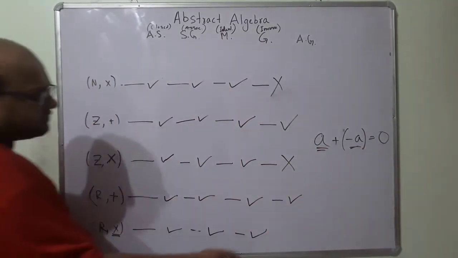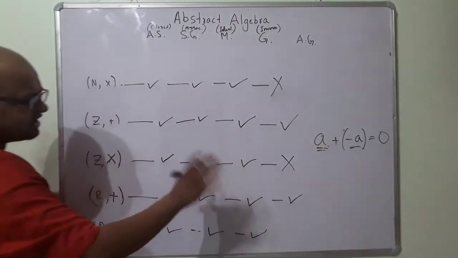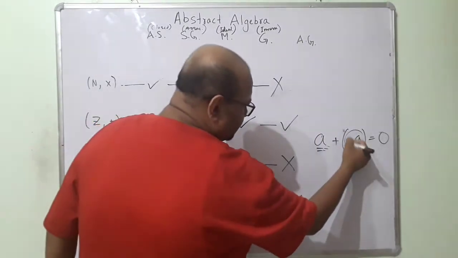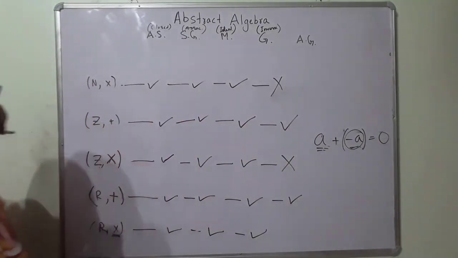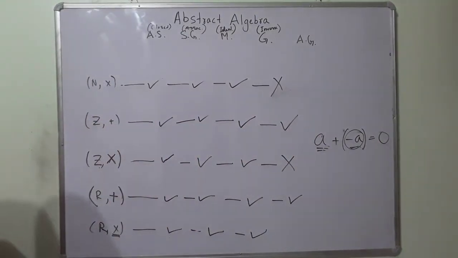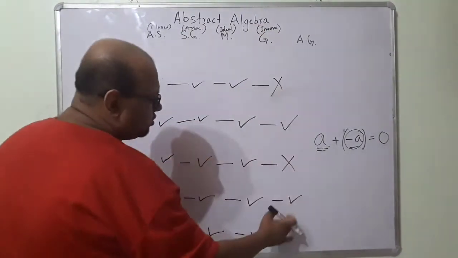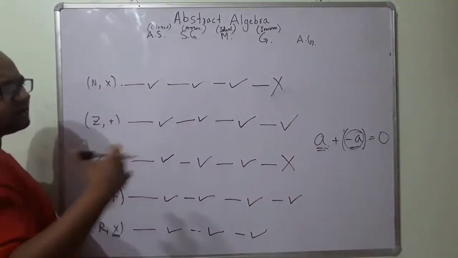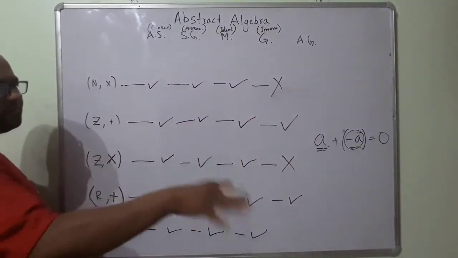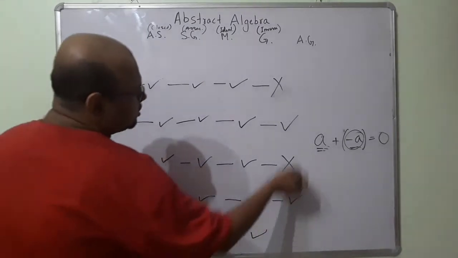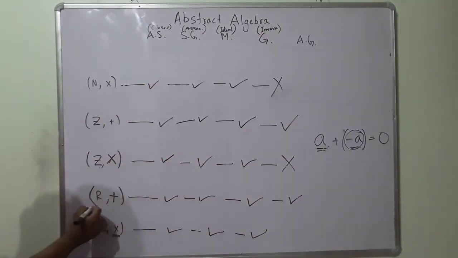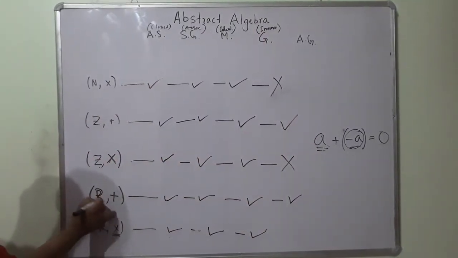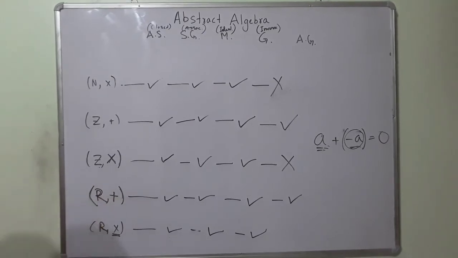For every element from the set of real numbers, its additive inverse minus A also belongs to the set of real numbers. For that reason, I know that the additive inverse exists in my set. So this is a group. This set of real numbers under addition is a group.